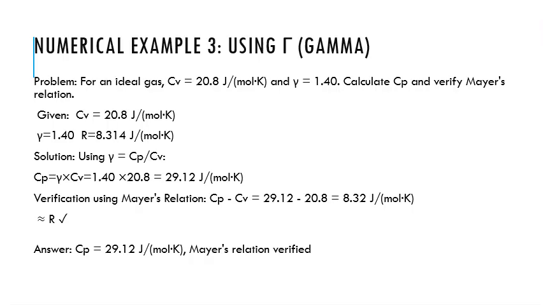We check Mayer's relation, Cp minus Cv, which gives 8.32 joule per mole Kelvin, almost exactly R. This example shows how knowing one property lets us calculate others. They are all interlinked.